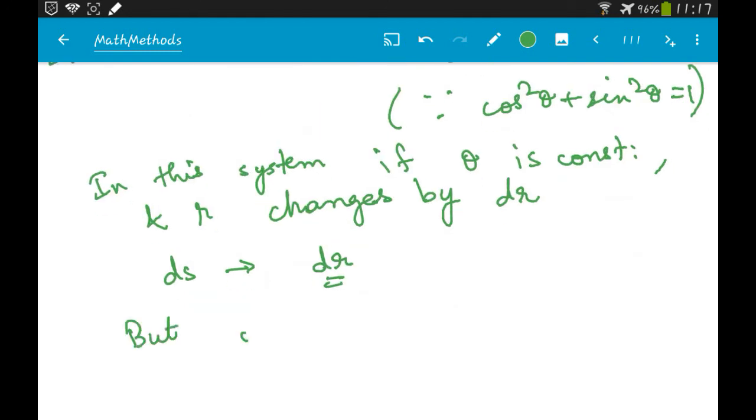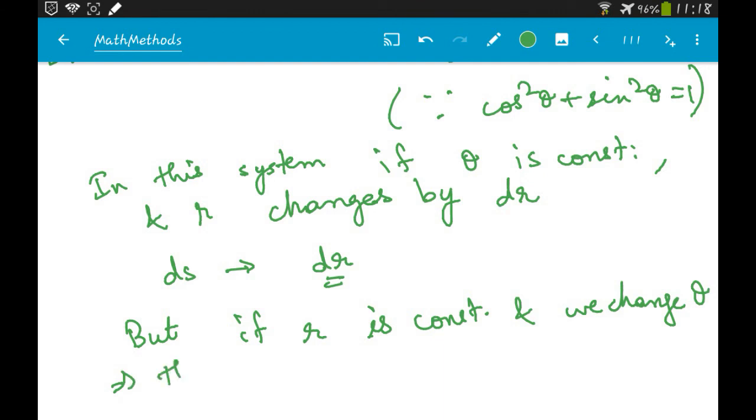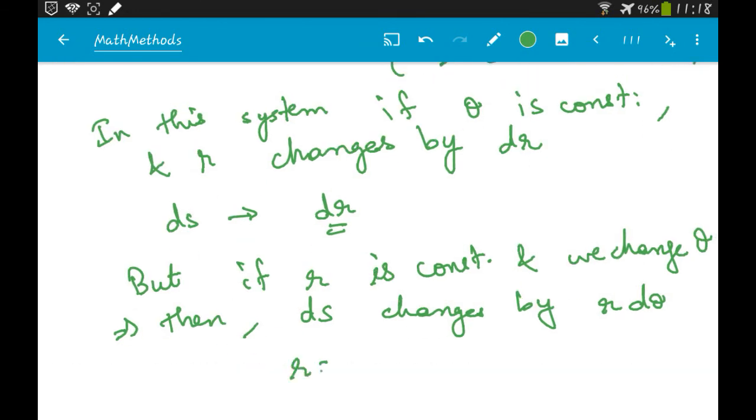But if r is constant and we change theta, right, then ds changes by r d theta. Okay, so r can be some constant. Let's say r is some constant, r is equal to a.